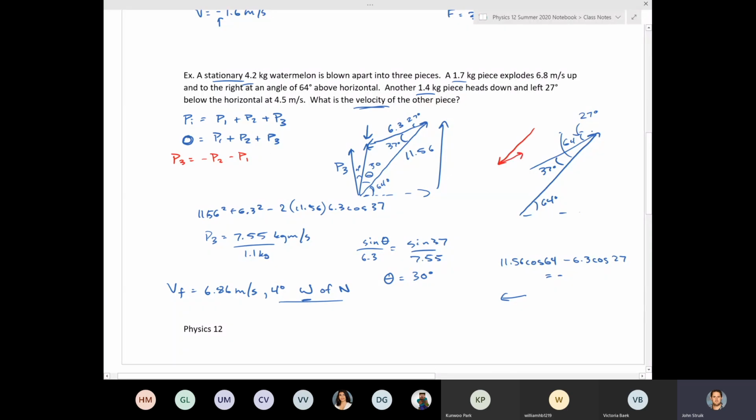And then the answer is going to be, what would the answer be? This is hard to draw. Okay, so 64 heads down and left, up and right, below, above.